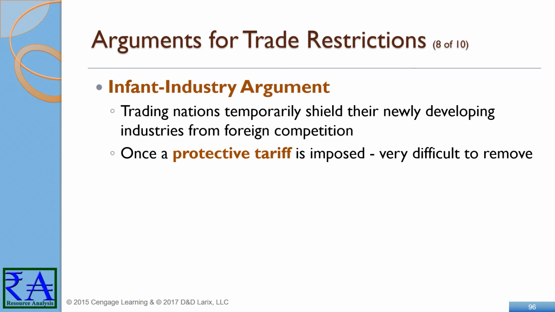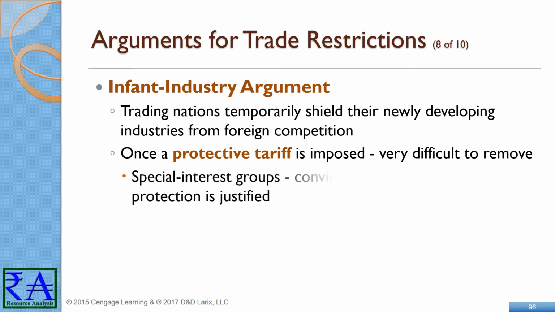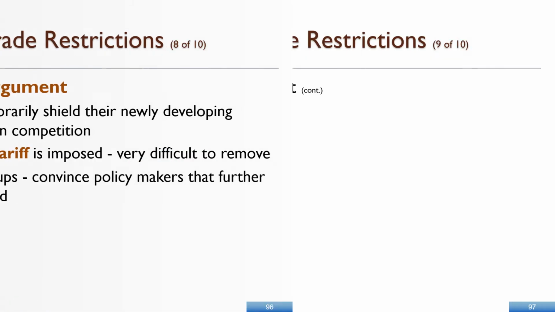Politically, it has been difficult to remove them as the industry reaches so-called maturity, another subjective assessment. Who determines maturity? Like many of the tariff discussions in this chapter, this tariff involves a redistribution of surplus effects from the domestic consumer and foreign producer to the domestic government and infant industry, a reduction in consumption and an increase in prices.